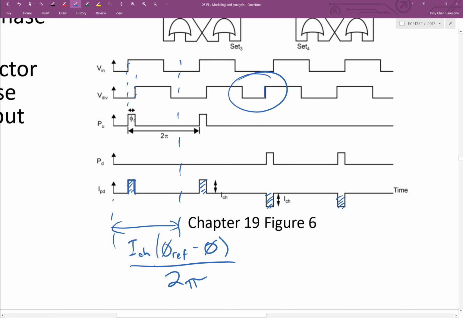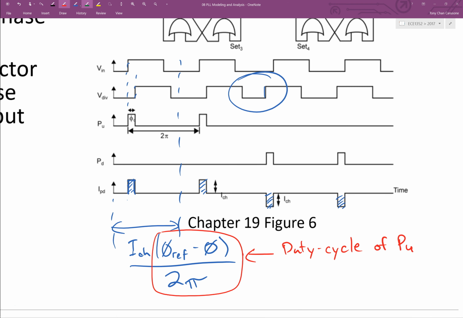So that's, as I said, the fraction of time, or the duty cycle, if you like, of PU. Now if we do a similar sort of analysis for one clock period over here, you get the same result, right?